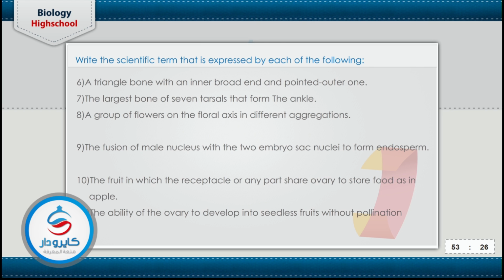But if it takes place naturally without human interference, it's called natural parthenocarpy. So the right answers are the scapula, the heel, the inflorescence, the triple fusion, false fruit, and parthenocarpy. The next question.